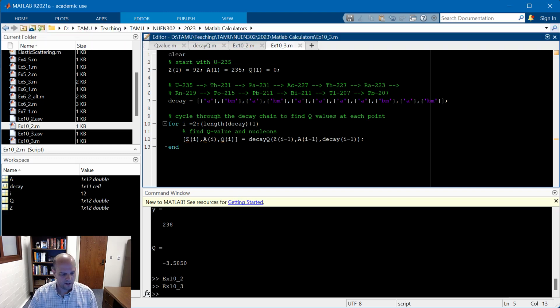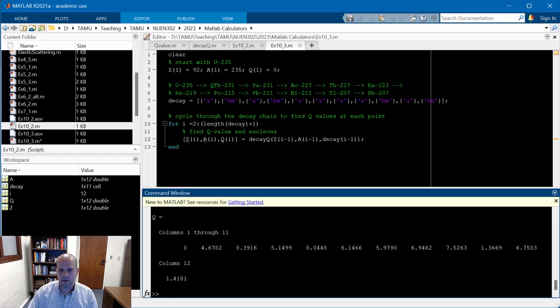I've got my Q value here. I can look at this. So this is for my first decay process, going from uranium down to thorium, and so on and so forth. These are the actual Q values. You notice that none of them are negative, which we wouldn't expect them to be. We expect them all to be positive. We're saying this is a spontaneous decay process.